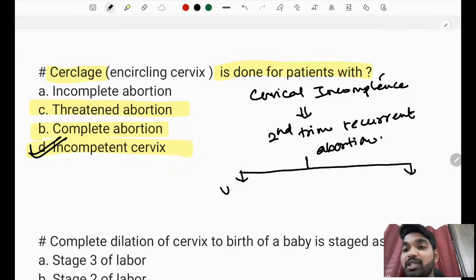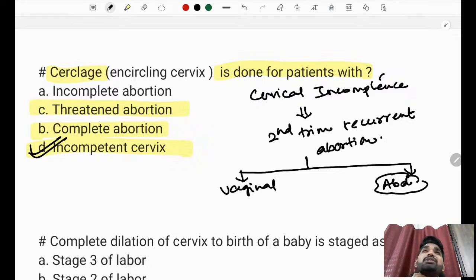You can do vaginal cerclage, which is called cerclage, and one more we have is abdominal cerclage. Abdominal cerclage, forget about it. Once you do abdominal cerclage, you are not going to deliver vaginally. LSCS is done, so keep it aside. Now coming to vaginal cerclage.